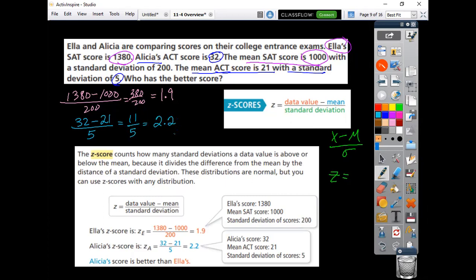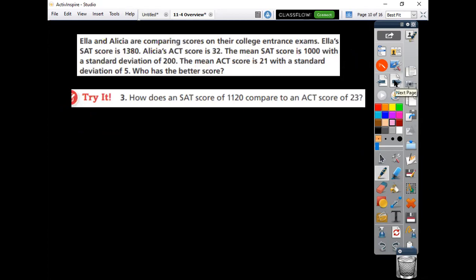So where it doesn't look like she really did better on the test, that was for Alicia, compared to the other one, which was for Ella. So in this case, she would have done much better. And that's a summary of how you can use your z-scores and percentiles when doing those problems.